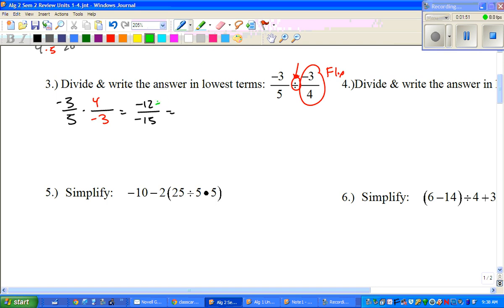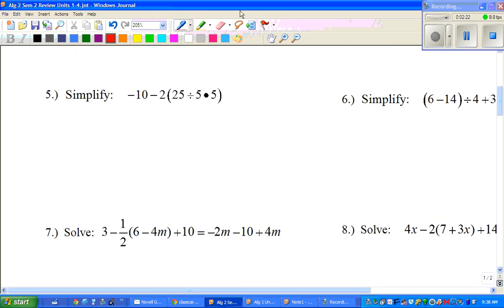You can divide both of those by 3. Both of those are negative, so it turns to a positive. Now, another way that you can do it is you can be like, well, Mr. Grice, there's a negative 3 here and a negative 3 here, and we can cancel those out. And what you're left with is 4/5. It's the same thing. So it's whichever way you are more comfortable solving.